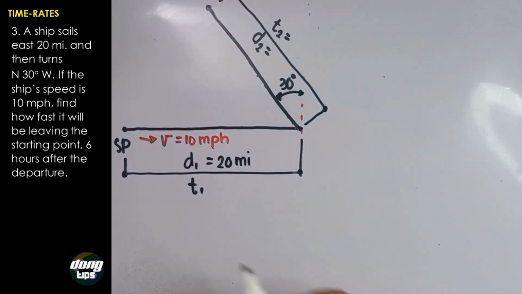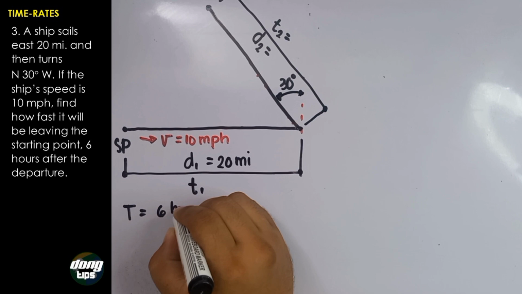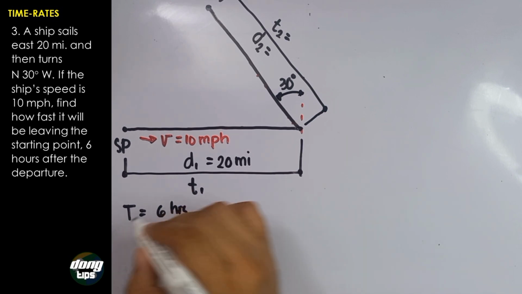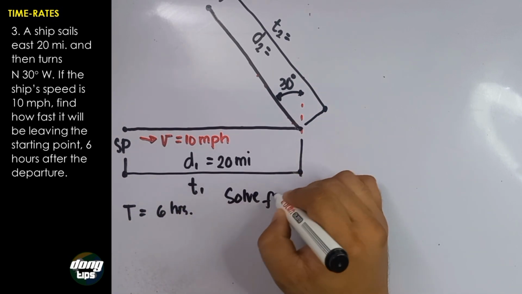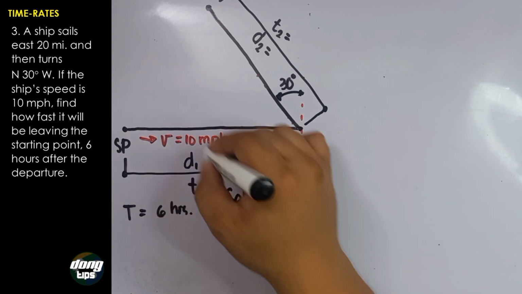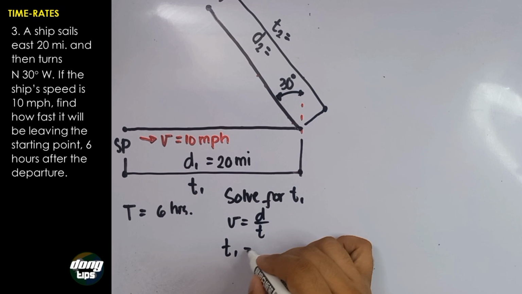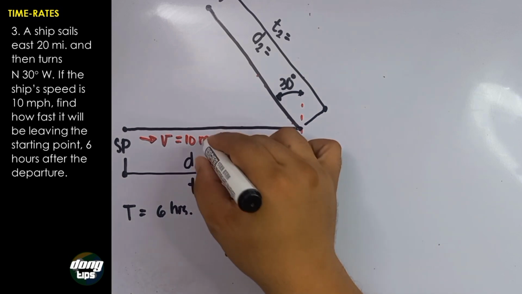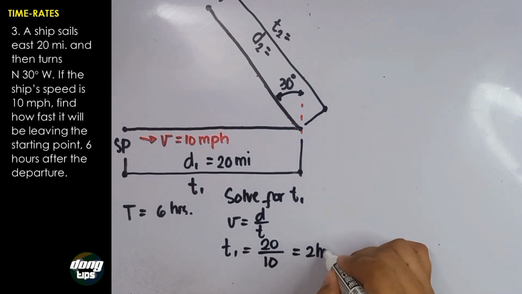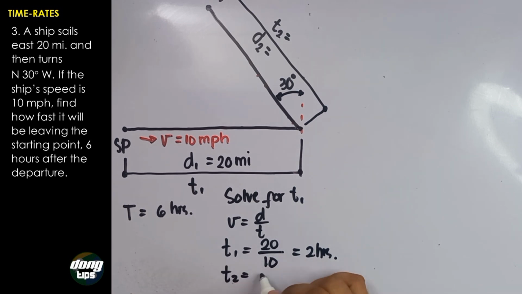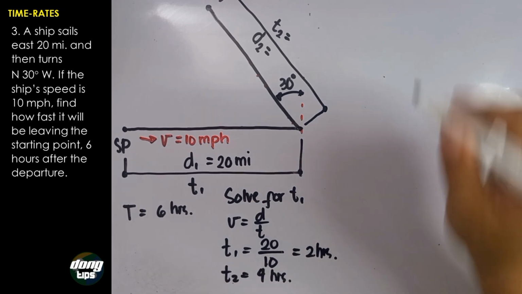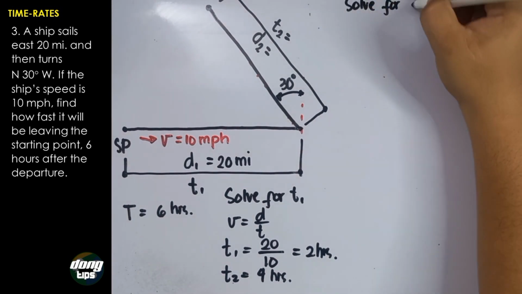The total time of travel is 6 hours. Solve for t1 and t2. Now, solve for the distance number 2.